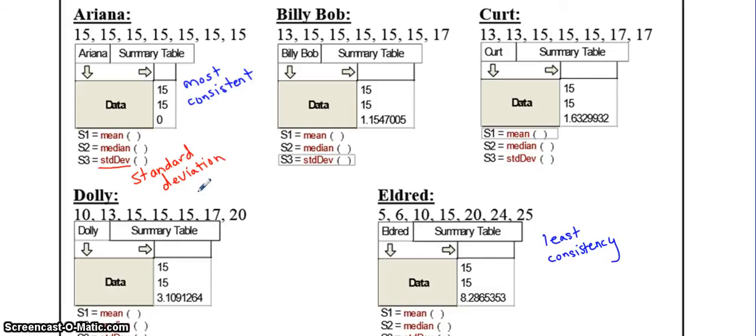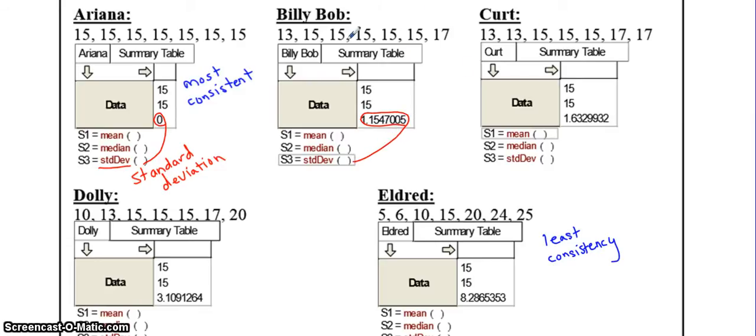And the standard deviation measures how spread out the data is. You see here Ariana's data is all 15, and that's why her standard deviation is equal to 0, because there is no spread. Billy Bob, most of the numbers are 15, but there's a little bit of difference in the numbers, so his standard deviation is higher.